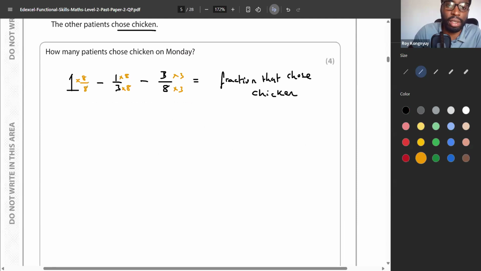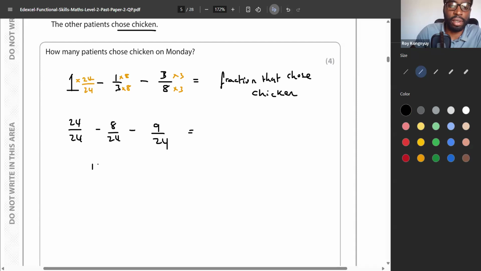So that's 24 24ths minus 8 24ths minus 9 24ths. Right? That's going to be what? 24 minus 8, that's 16. 16 minus 9 is 7. So 7 24ths corresponds to the fraction that chose chicken.